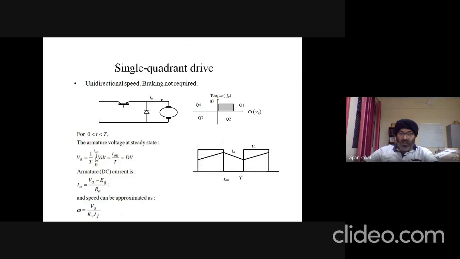In this 0 to t on, the current starts to ramp up, and during t off, the current starts to ramp down or decay. So the average armature voltage is equal to the duty cycle, which is t on divided by t, multiplied by V, same as we saw in the case of DC to DC converters.